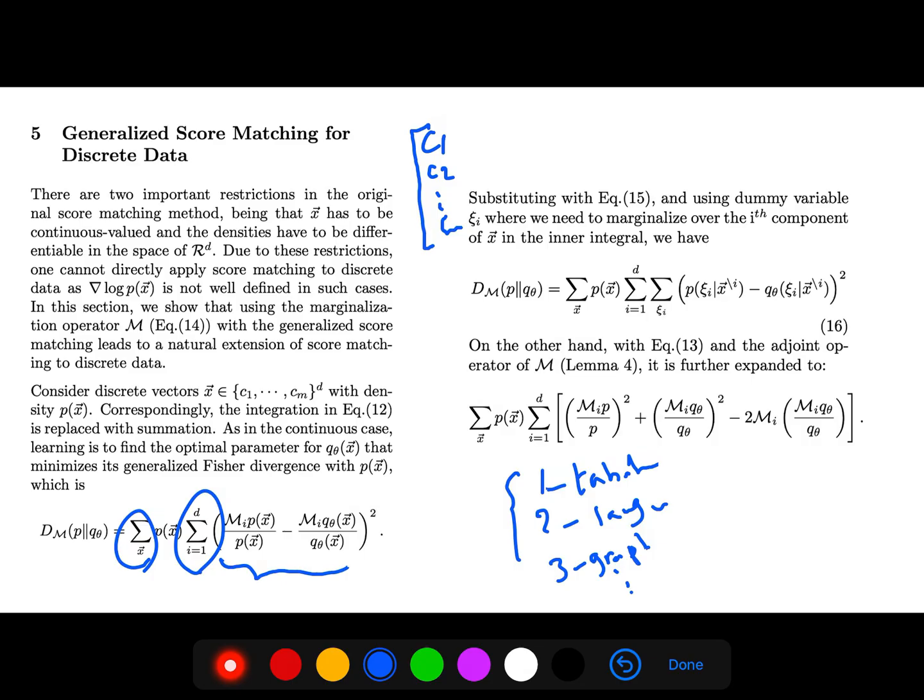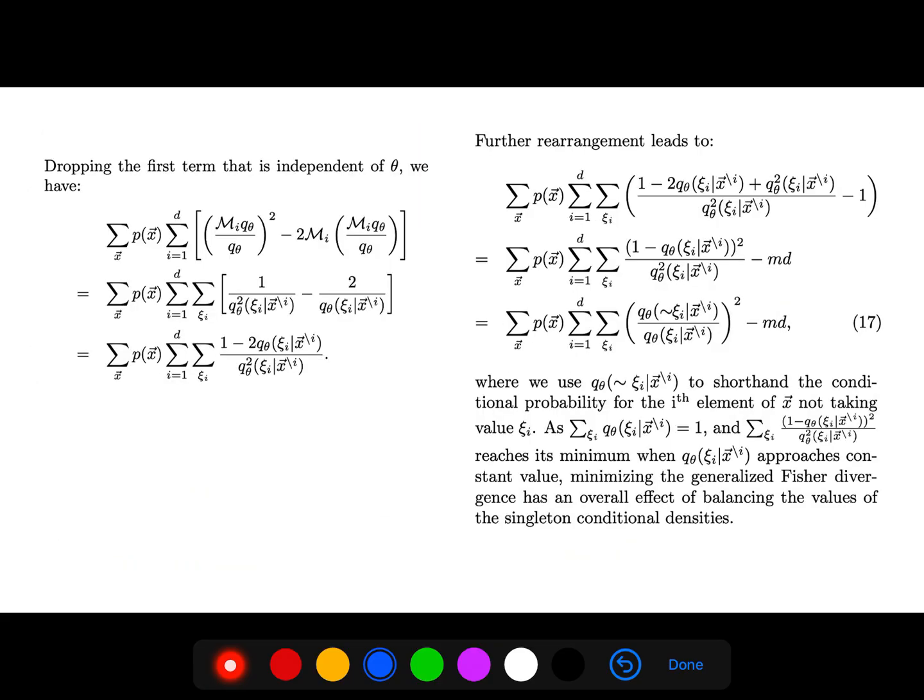Then, substituting equation 15 and using dummy variables, these C_i's being dummy variables, we need to marginalize over the i-th component of X hat in the inner integral. Dropping the first term that is independent of theta, we have this.